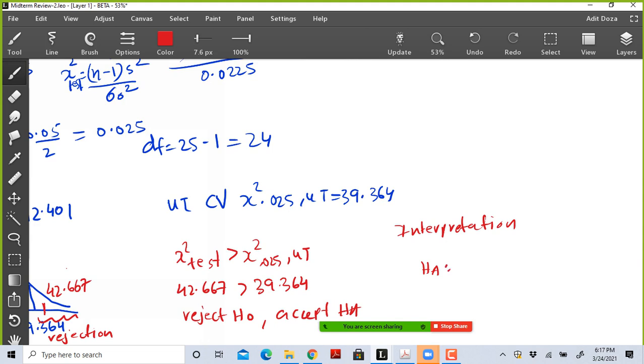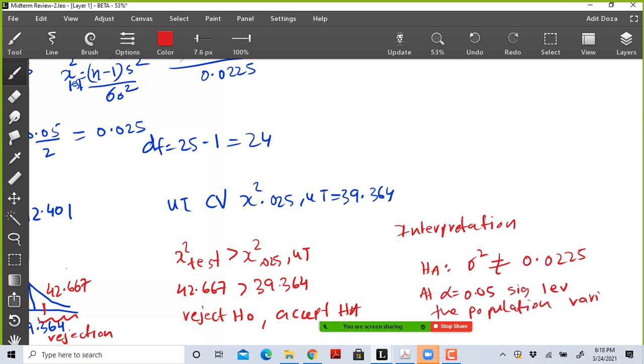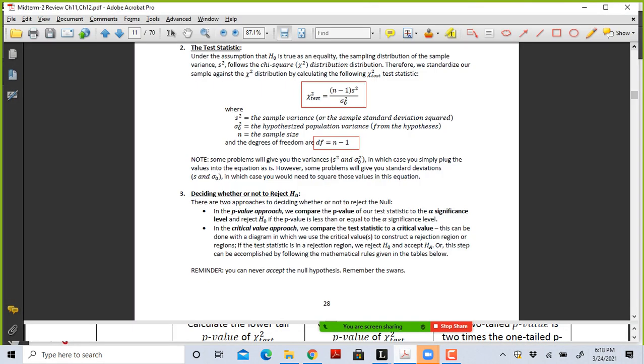So we can say at alpha 0.05 significance level, the population variance is not 0.0225. This type of question will be in our midterm 2.